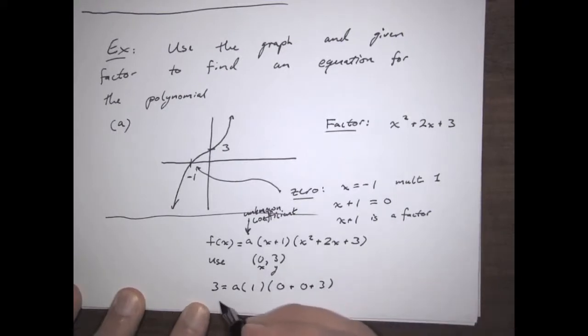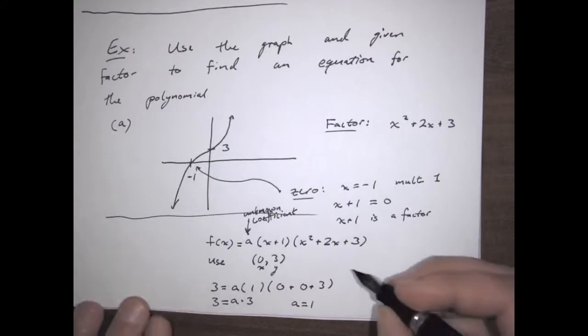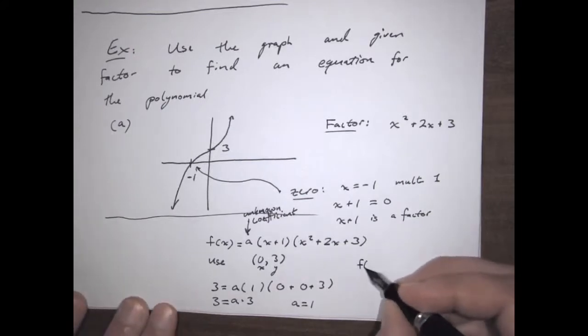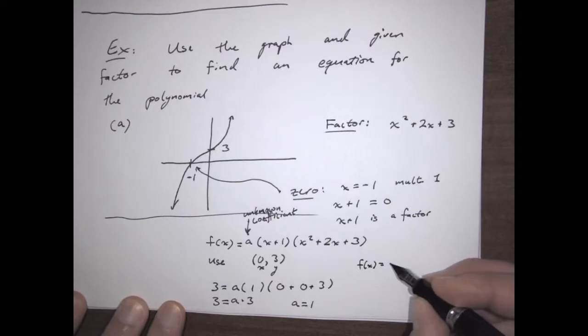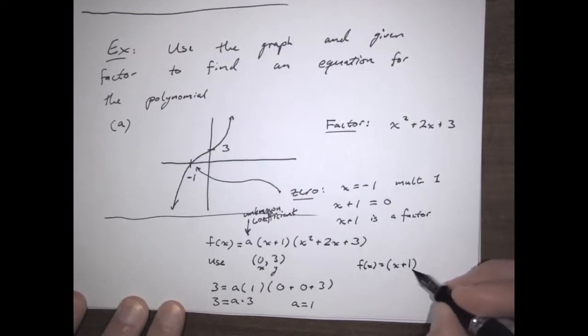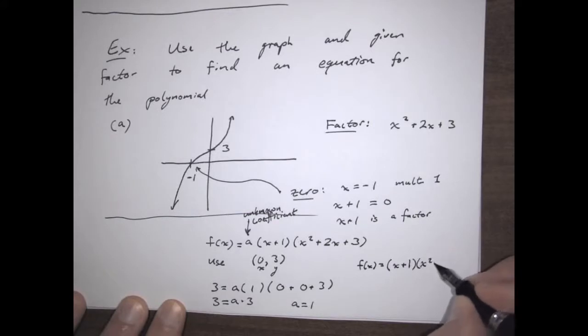So that means 3 equals a times 3, or a equals 1. So that gives us f of x equals just 1 times x plus 1 times x squared plus 2x plus 3.